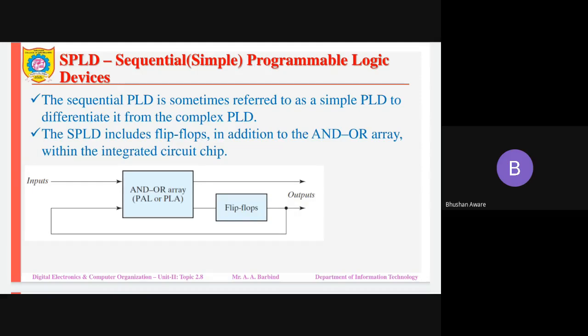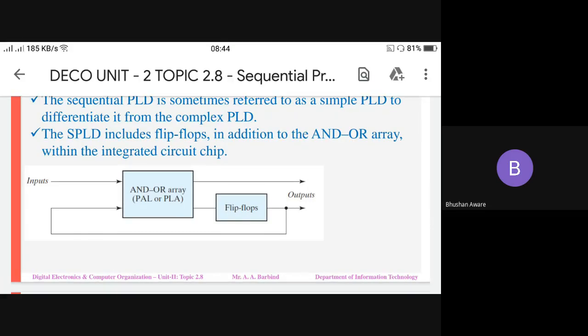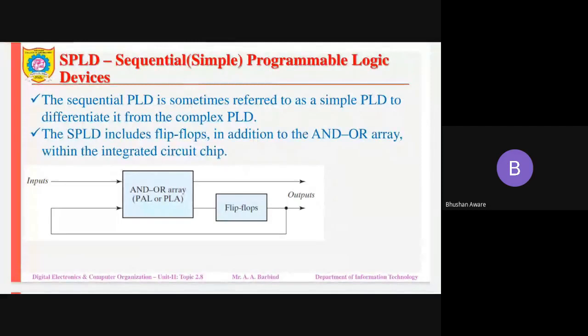There is an AND-OR array. This array is of type PAL, that is programmable array logic, or programmable logic array. These arrays are essentially the combinational logic circuit, and it is followed by the flip-flop. So this is how these SPLDs are constructed.